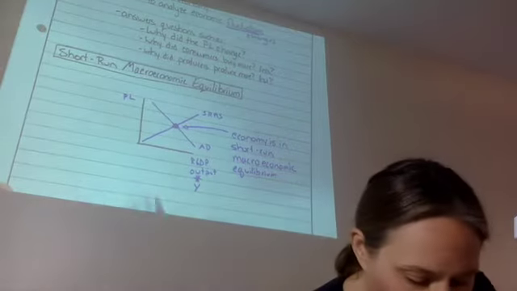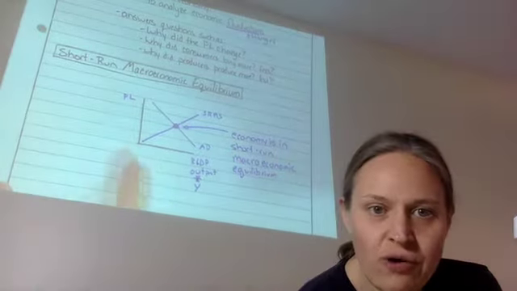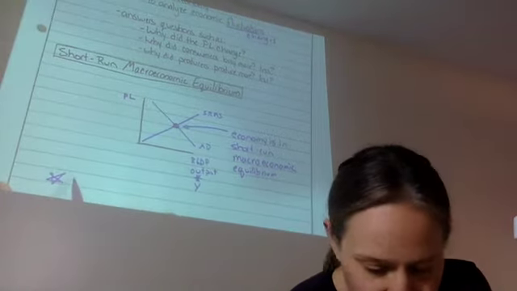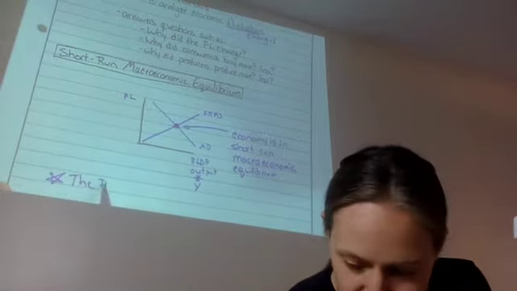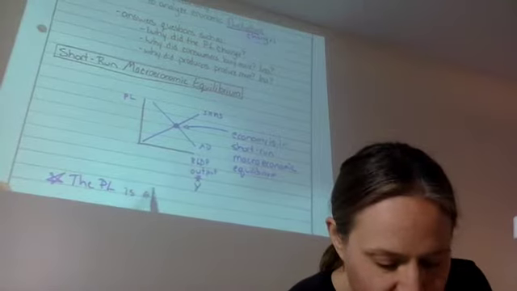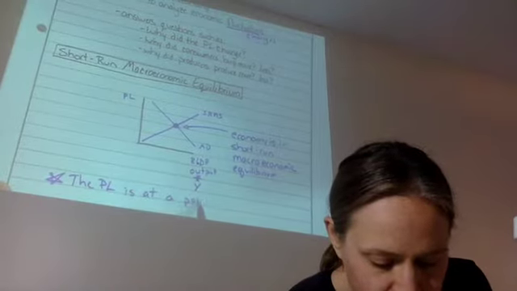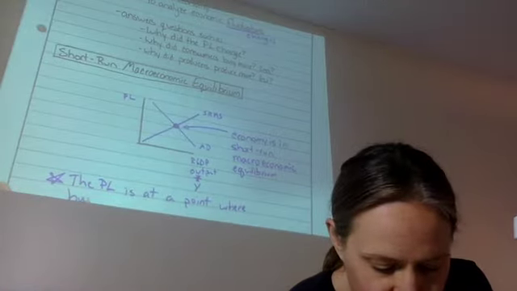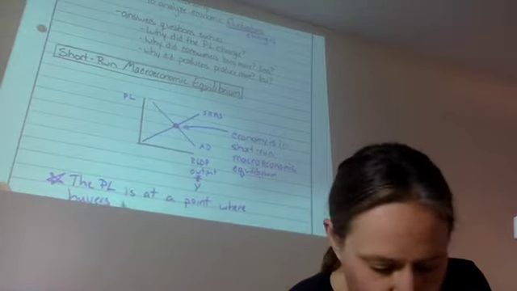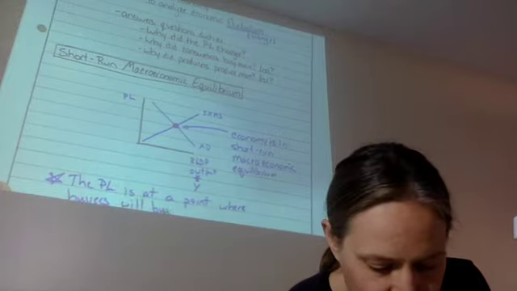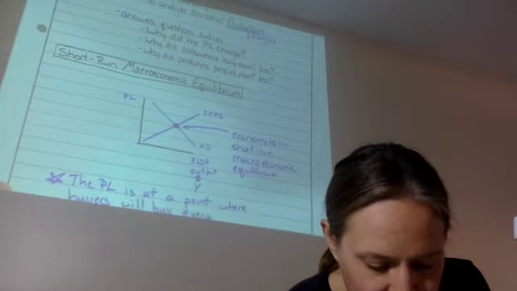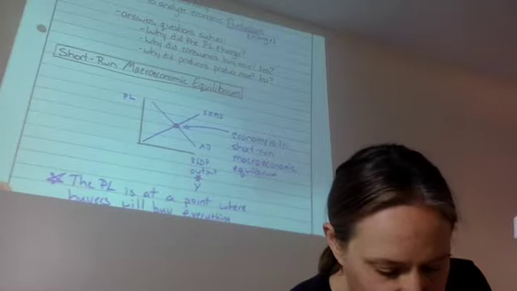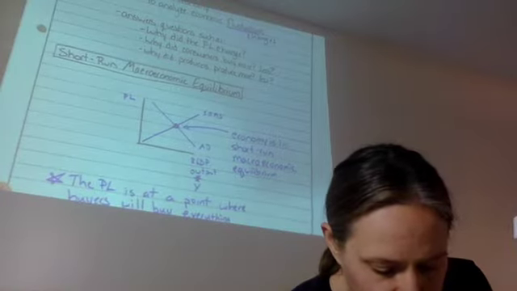So what we want to know about this graph right here is that it tells us that the price level is at a point where buyers will buy everything that sellers will produce.